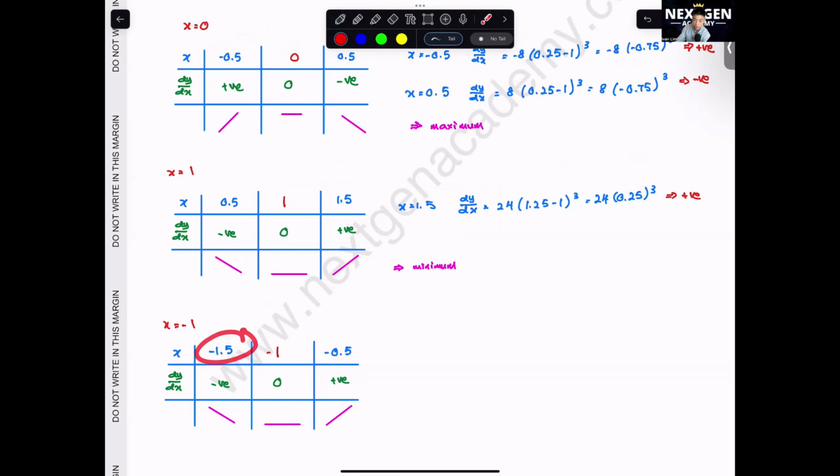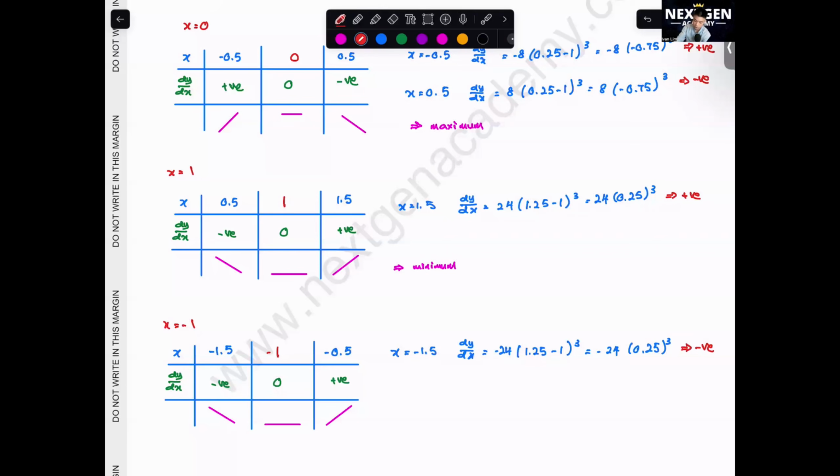So I just need to double check this negative 1.5. X equals to negative 1.5. dy over dx is minus 24 times 1.25 minus 1 cubed, equals to minus 24 times 0.25 cubed. A negative times a positive will give us a negative value. Therefore, this will be a minimum.